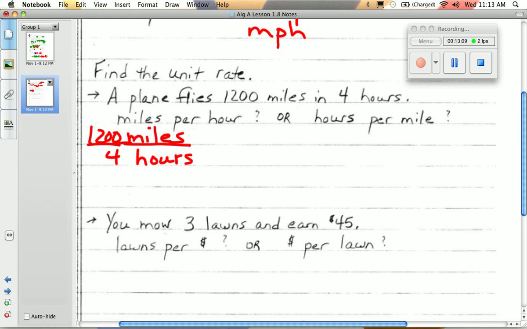And in these, we're actually going to divide them out. In fact, let's put that right here in our notes. 1,200 divided by 4 is, Cameron? 300.